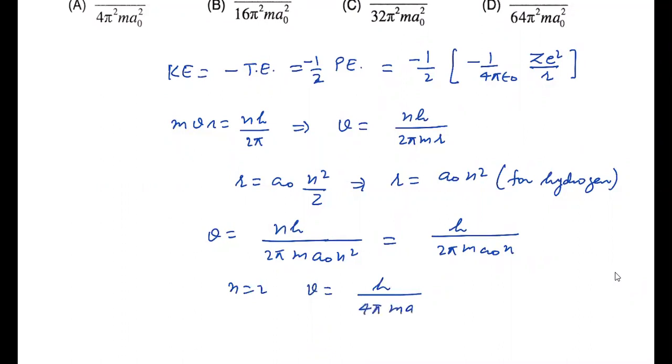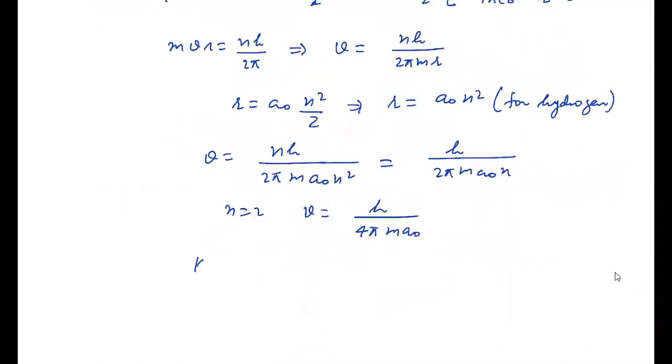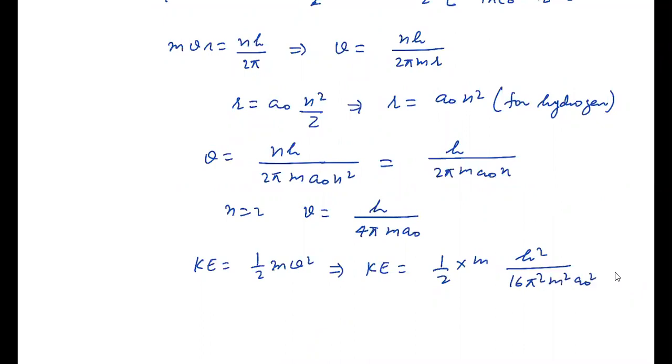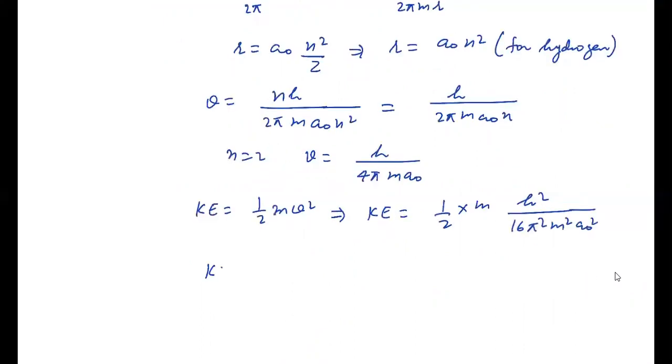And then the question asks for kinetic energy, which is half mv square. So kinetic energy will be 1 by 2 into m into h square upon 16 pi square m square a naught square. It's simply equal to m h square upon 32 pi square m square a naught square.